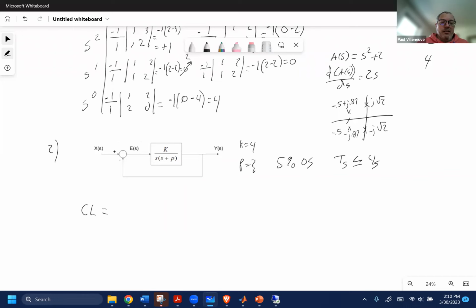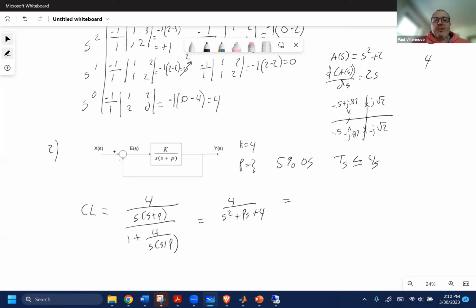We don't need to make it difficult. We'll put in 4 over S times S plus P, all over 1 plus GS. When we invert and multiply, we have S squared plus PS plus 4 as our closed loop transfer function.